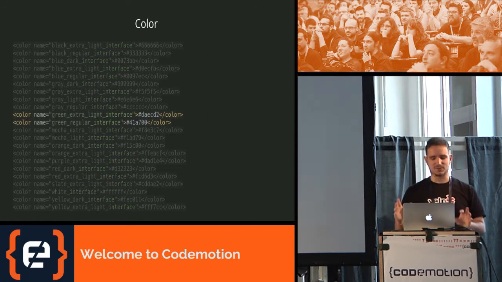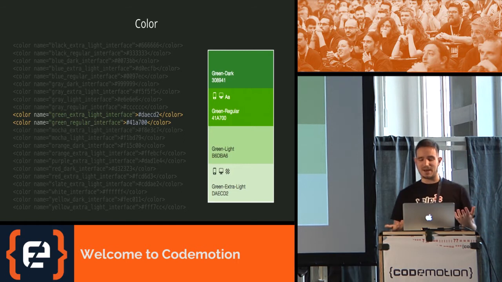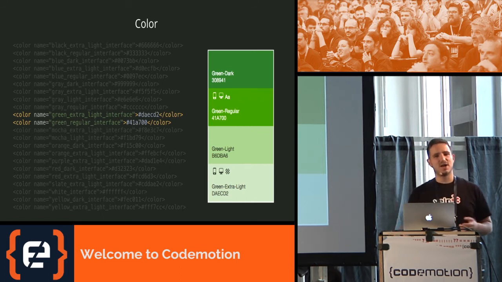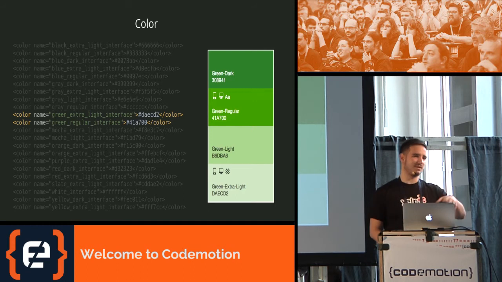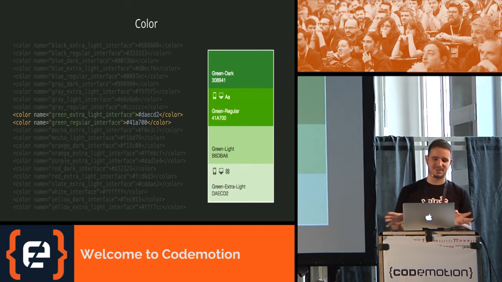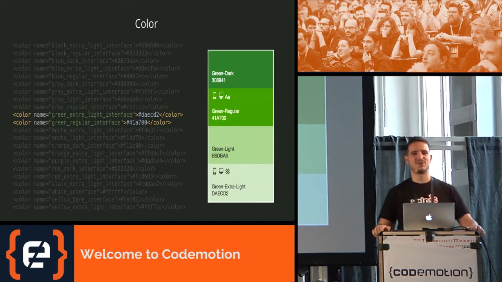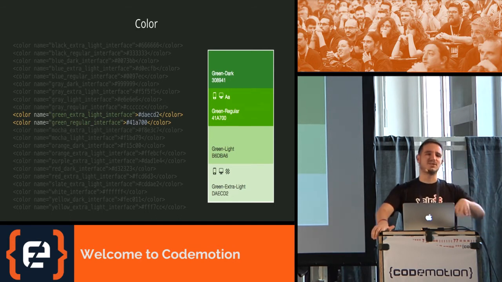For instance, for the green, inside my palette, I will have only green regular and green extra light. I don't have access to the other colors. If I want to use another color, I would have to type it inside my files, and this is not nice. So this will prevent colors going back and forth on Slack and getting lost. And I think it's really, really useful to enforce usage of a small palette.